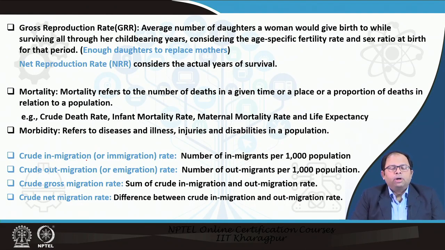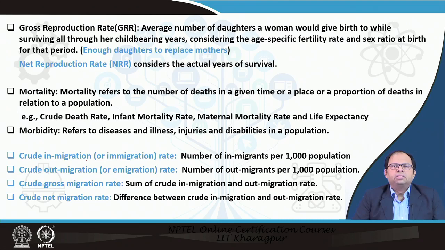Then gross reproduction rate, GRR, is the average number of daughters a woman would give birth to while surviving all through her childbearing years, considering the age specific fertility rate and sex ratio at birth for that period. So what it means is, are there going to be enough daughters who can replace their mothers?